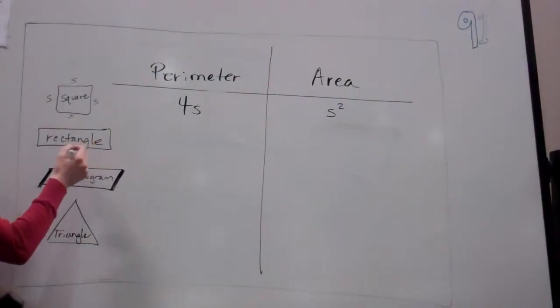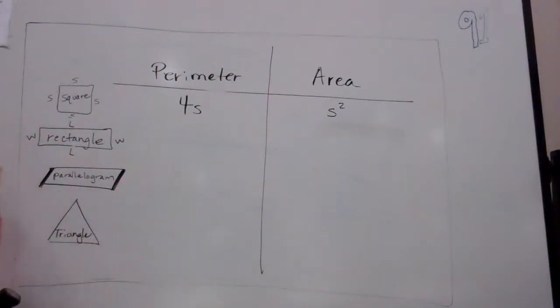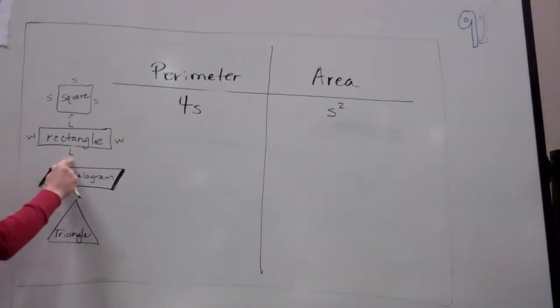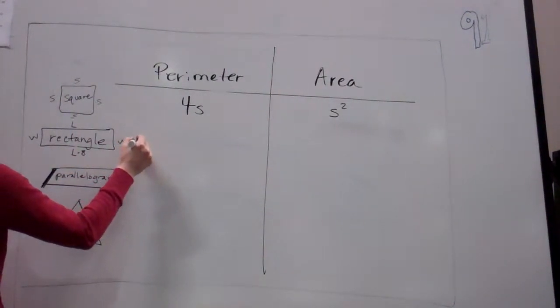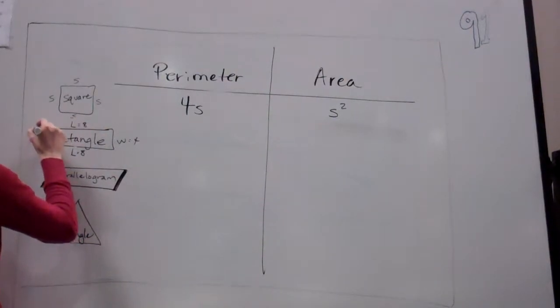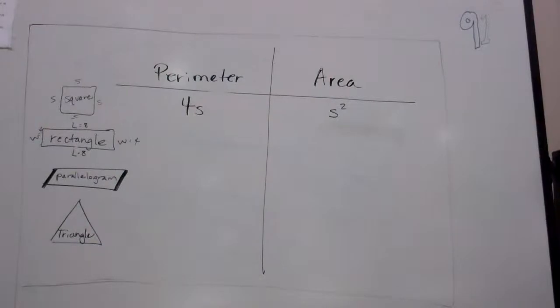So I would normally do, this is my length, I'll put an L like that, and my width. Does everybody get that? So if my length is, let's say, 8, and my width is, let's say, 4. I'm going to put numbers in there just to help you. How would I answer this problem?